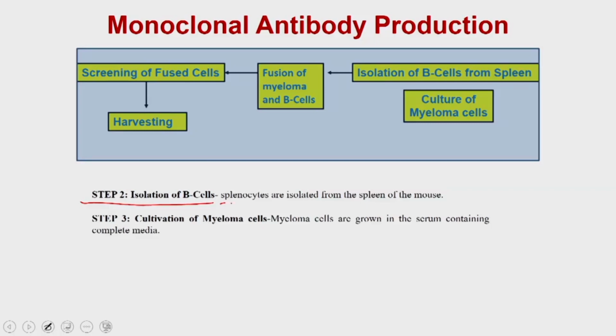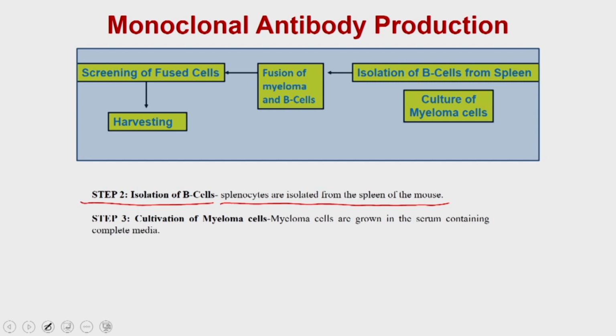So, now step 2 is the isolation of B cells. You can collect the splenocytes from the spleen of the mouse. Once the rabbit or the mouse is immunized, you can isolate the spleen and then fractionate that spleen into individual cells.